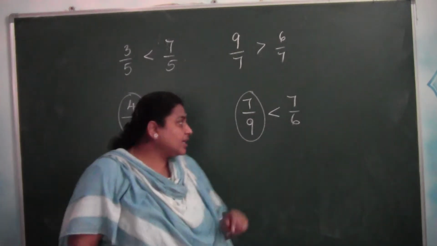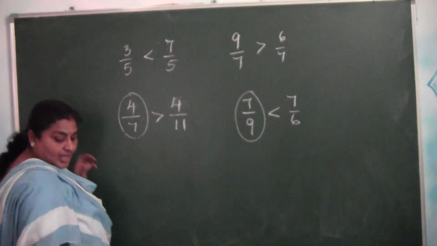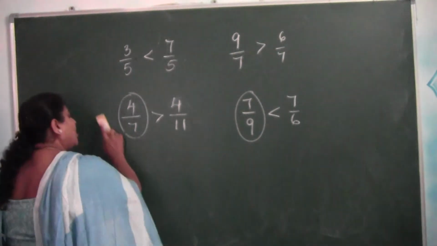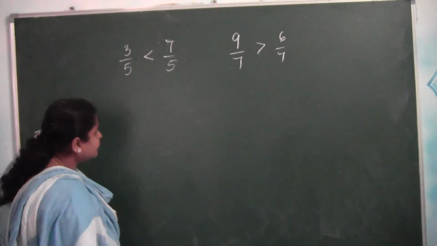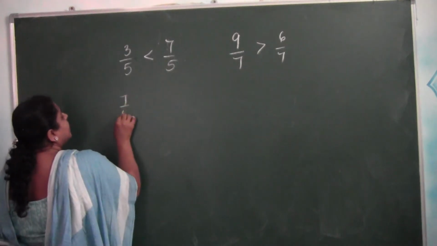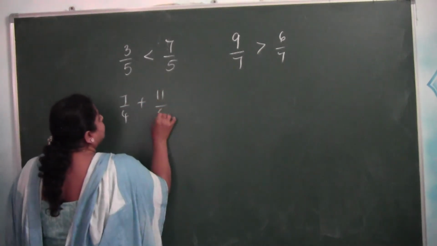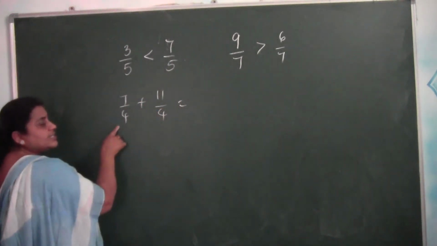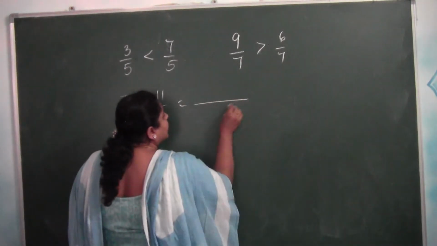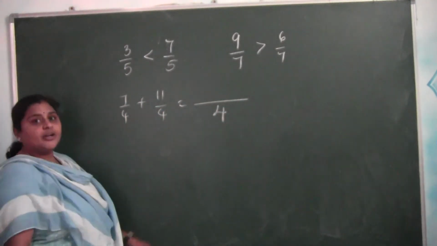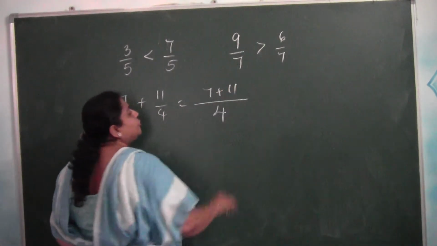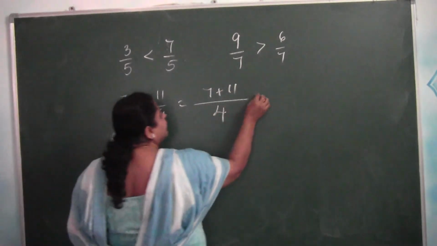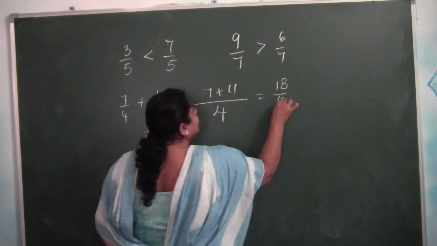Okay children, then coming to addition. You have already learned addition in grade 5 if I am right. It is very easy. 7 by 4 plus 11 by 4. When denominators are the same, we write the common denominator 4 and add the numerators. So 7 plus 11 is 18 by 4.